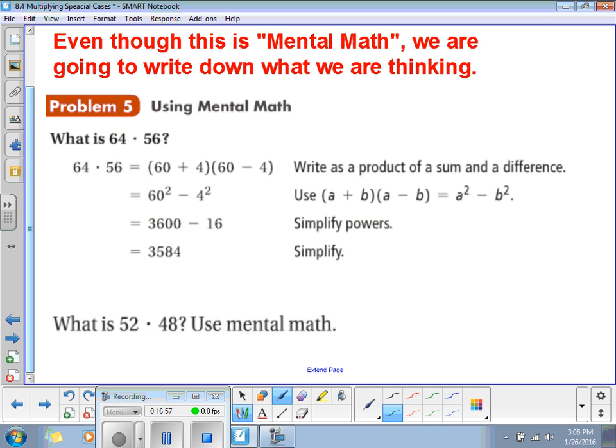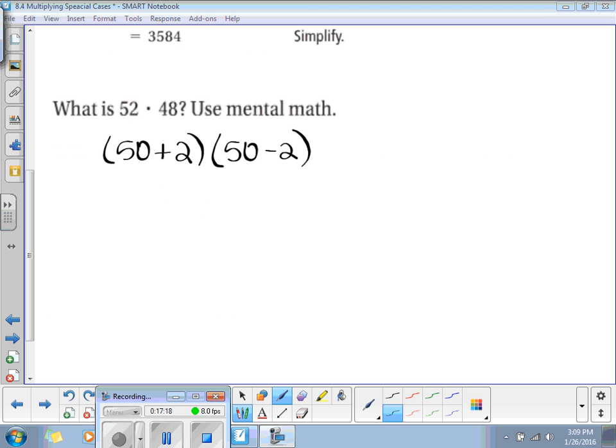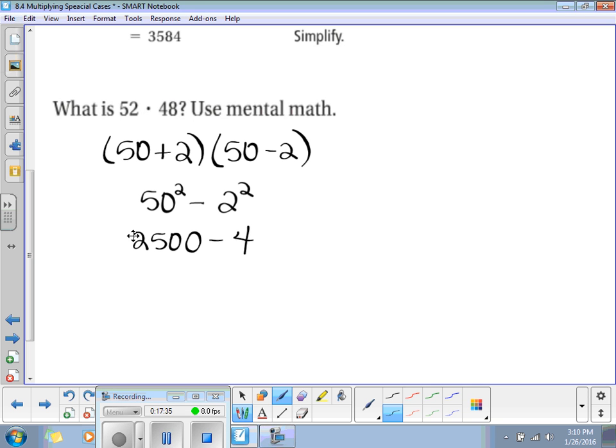Is everybody clear? So for the first one, when we simplify this, we're going to have 60 squared minus 4 squared. We don't even have a 2AB, right? Canceled out. So we get 3,600 minus 16, which is 3,584. So for 52 times 48, there's my A and B. So we've got 50 squared minus 2 squared, which gives us 2,500 minus 4. And then you can do the rest.